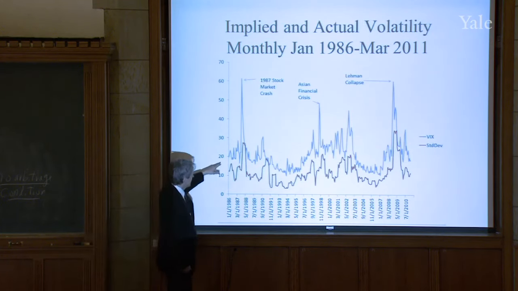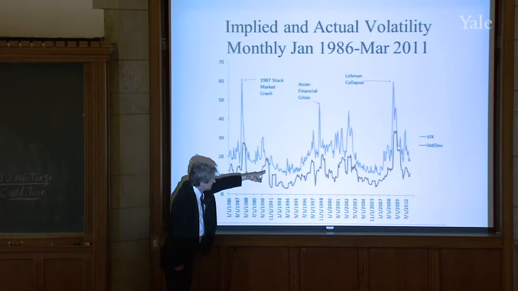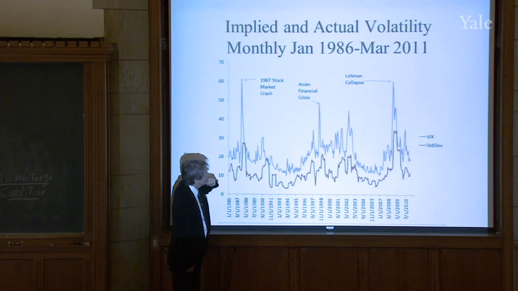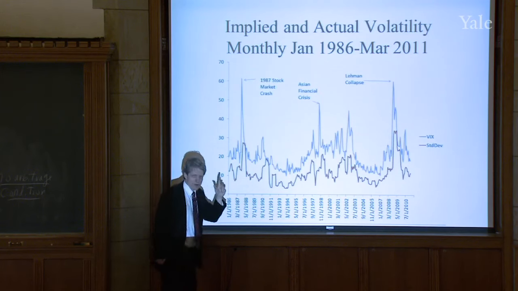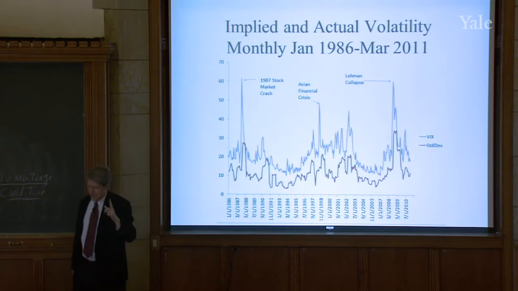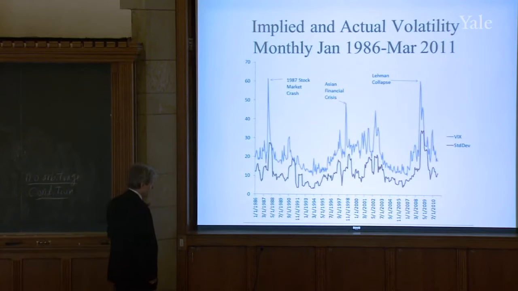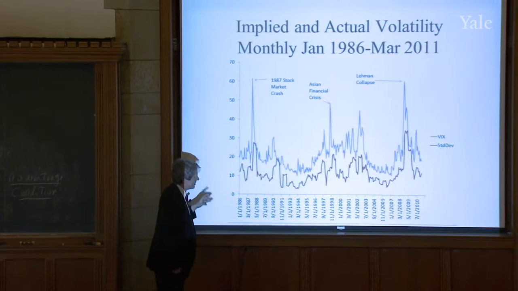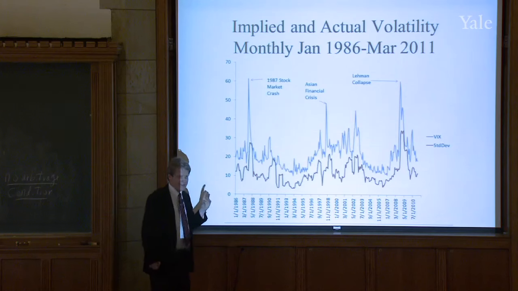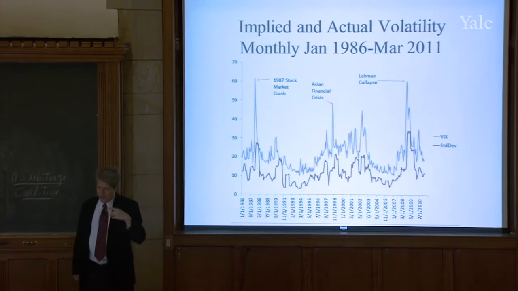The VIX is the sigma in the Black-Scholes equation, but it is in effect the market's expected standard deviation of stock prices. To be more precise, it's the standard deviation of the S&P 500 stock price index for 1 month multiplied by the square root of 12, because they want to annualize it.